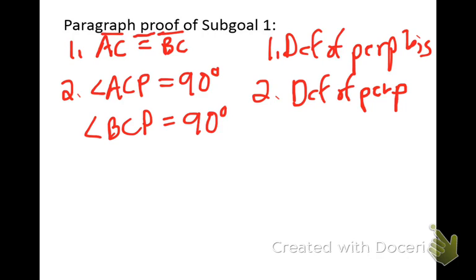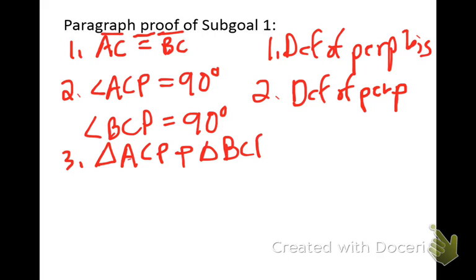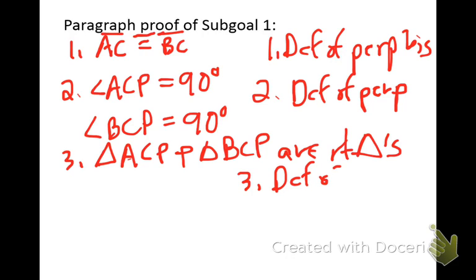So next step, step 3, I would say triangle ACP and triangle BCP are right triangles, and that's by definition of right triangle.